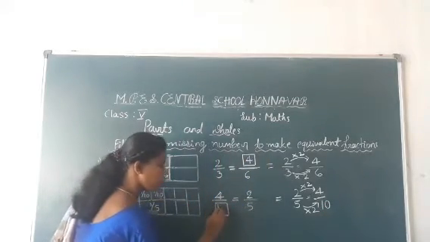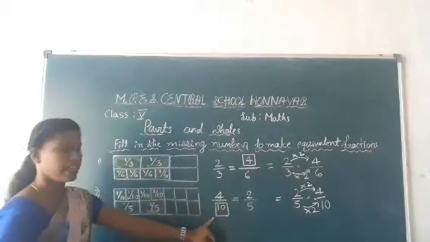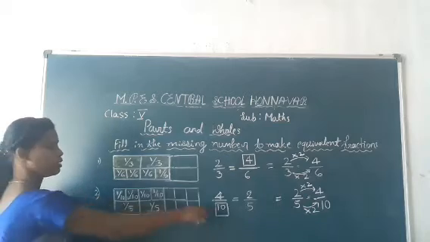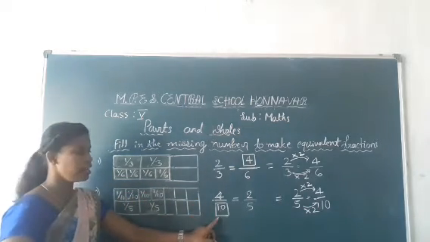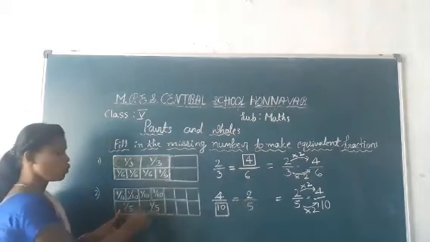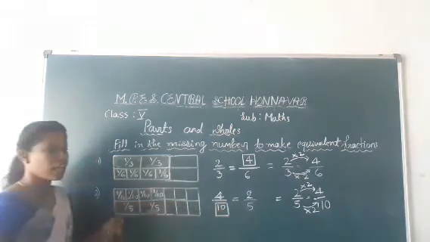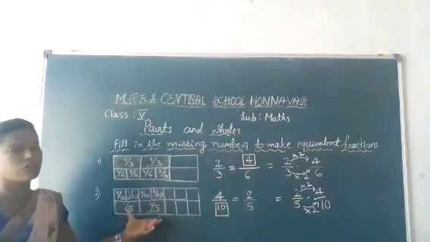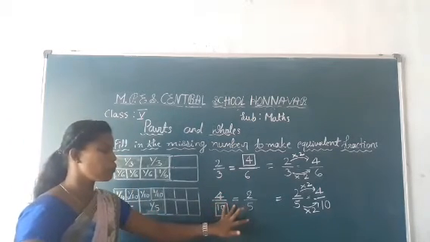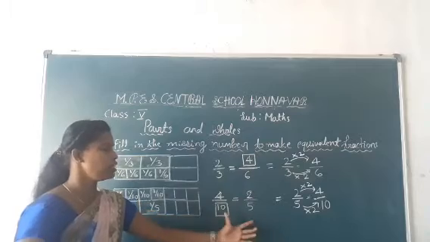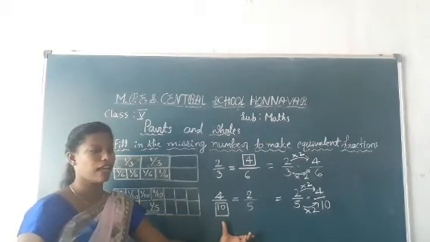Here we get 4 by 10. 1, 2, 3, 4: we have 4 of 1 by 10, and here we have 2 of 1 by 5. Like this way we find the equivalent fraction. Here 4 by 10 is equal to 2 by 5. These are the equivalent fractions.